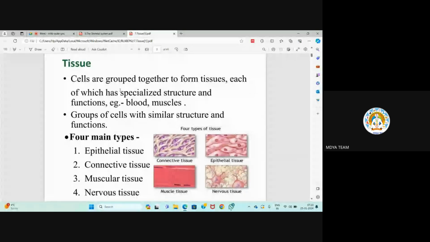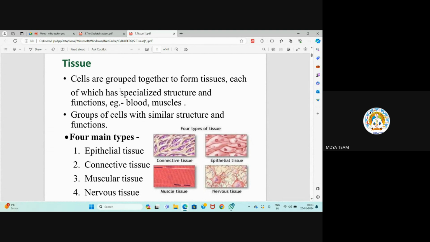For example, blood is a tissue. Muscles are an example of tissue. Groups of cells with similar structure and functions make tissues.